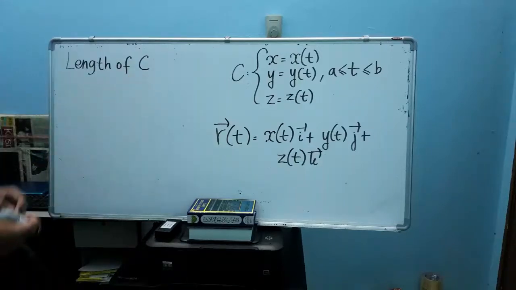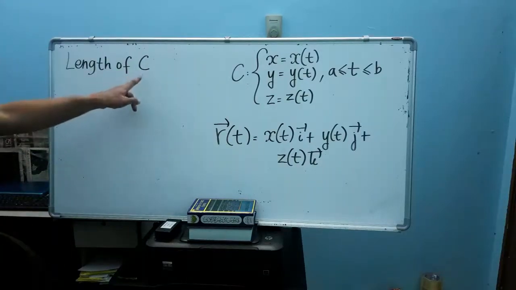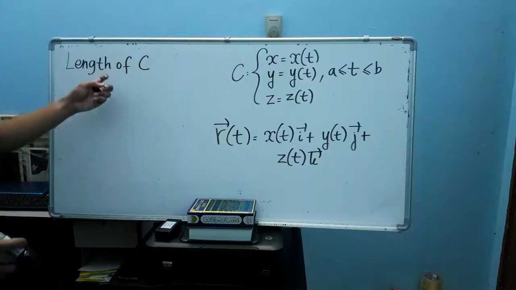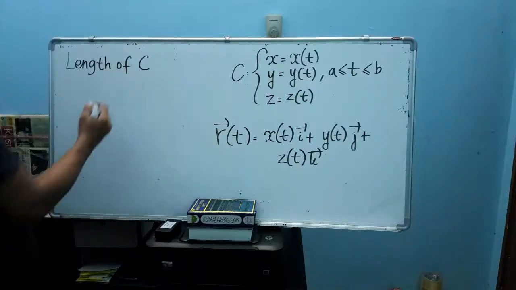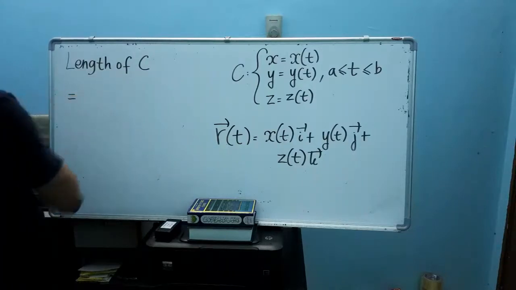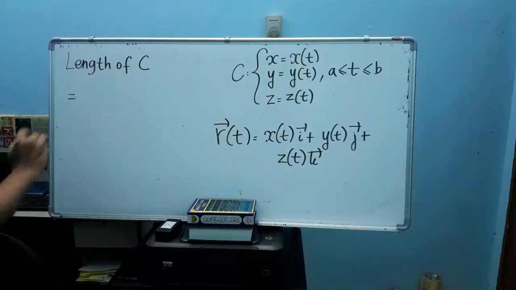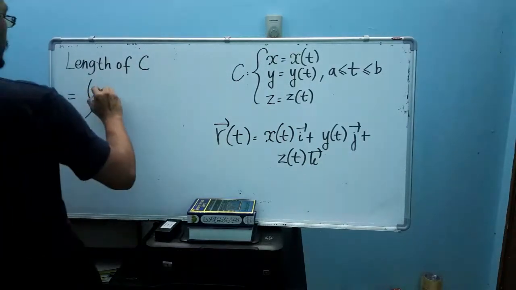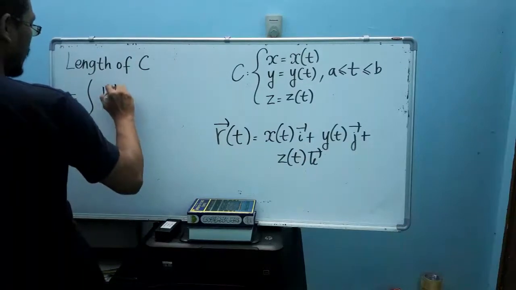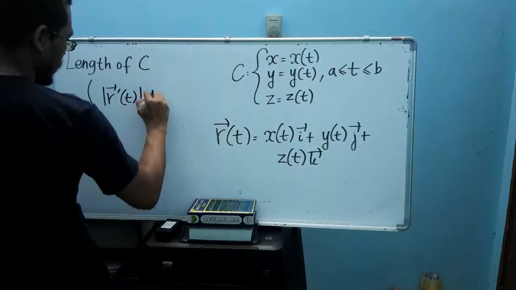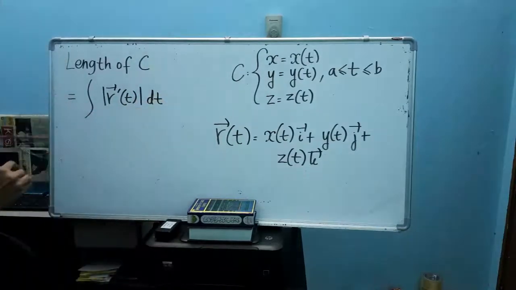C in a space can be a line or a smooth curve. The length of C can be calculated by this formula: the length of C equals the integral of the magnitude of r prime(t) with respect to dt.